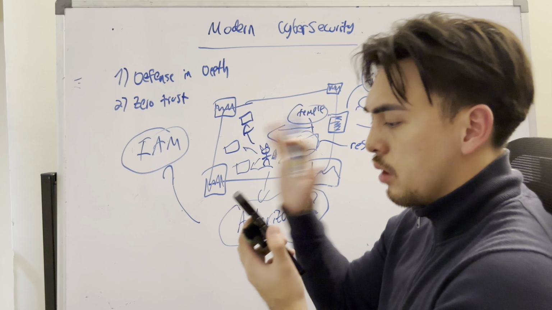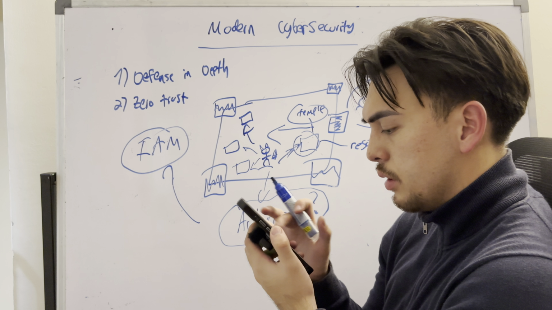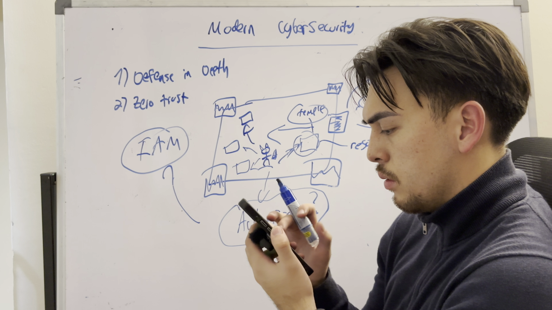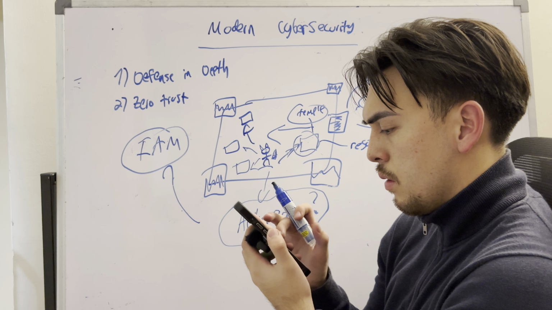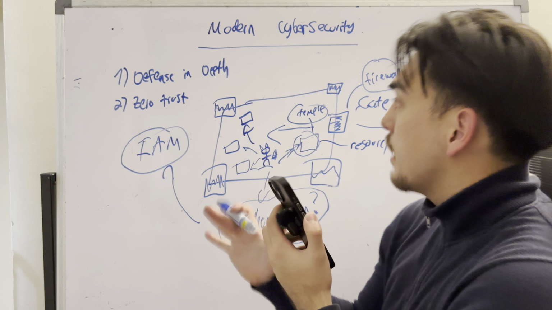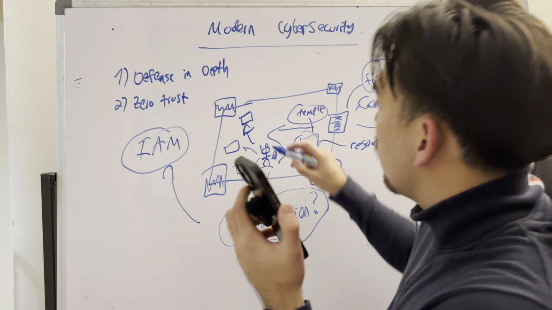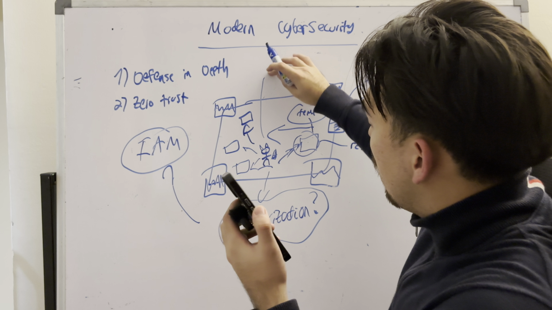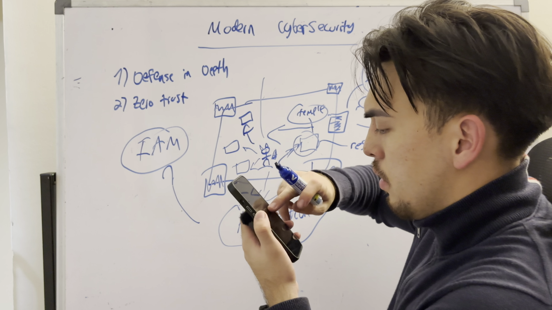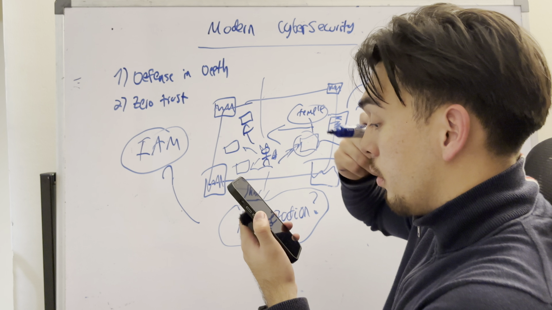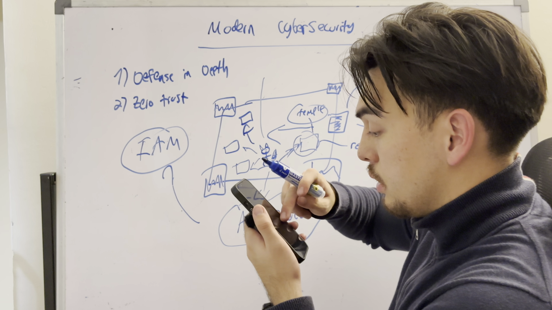Now, coming back to the idea of zero trust. The next idea of zero trust is, once you verify yourself, what are the types of resources that I can access?